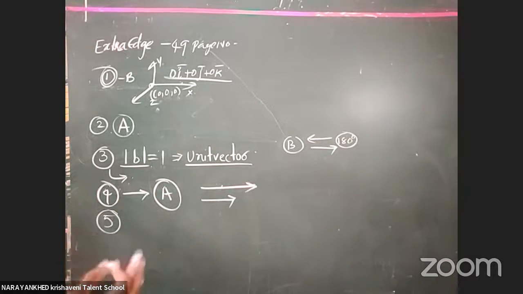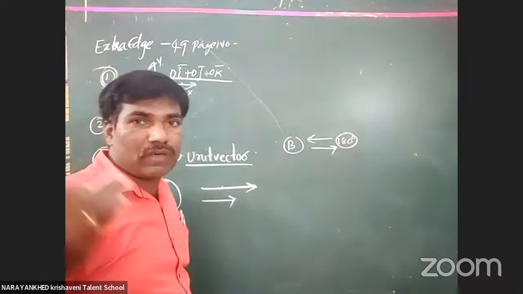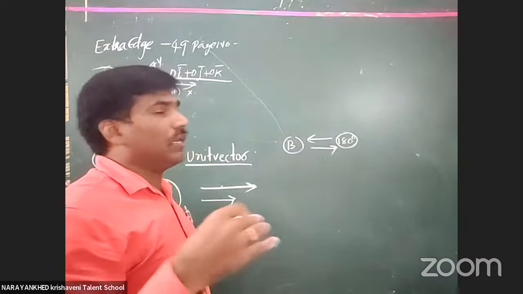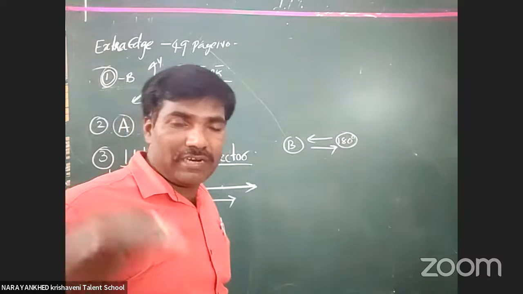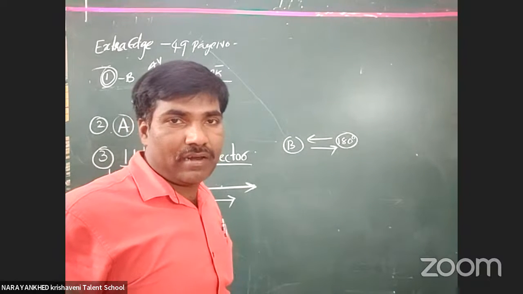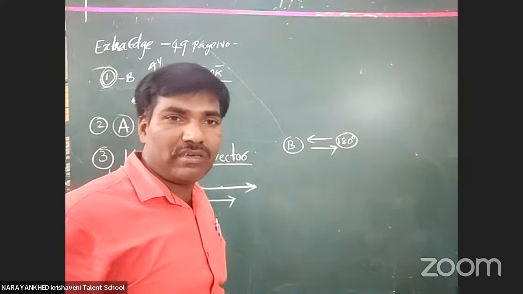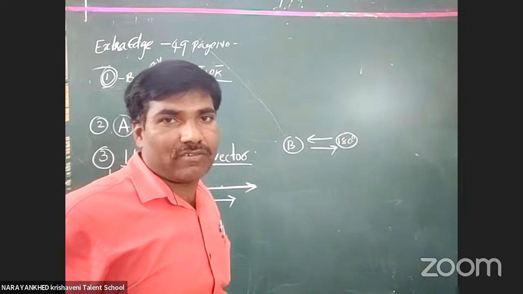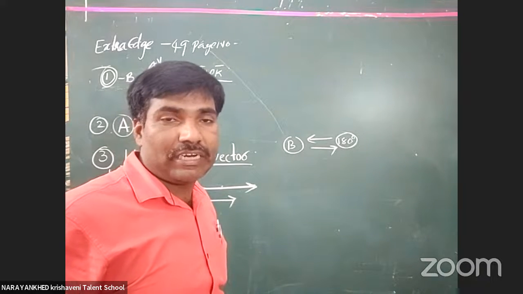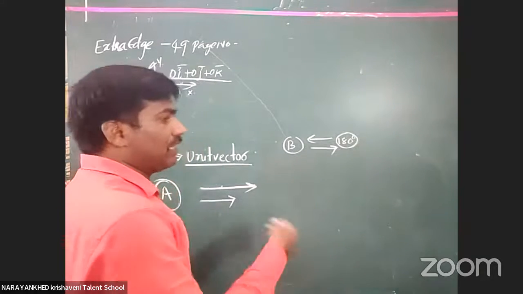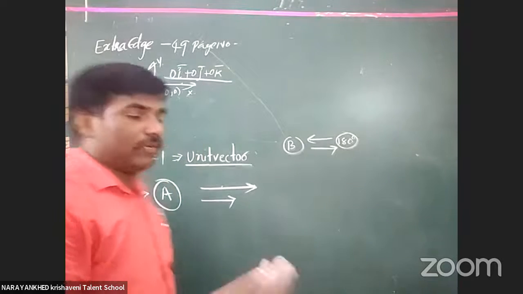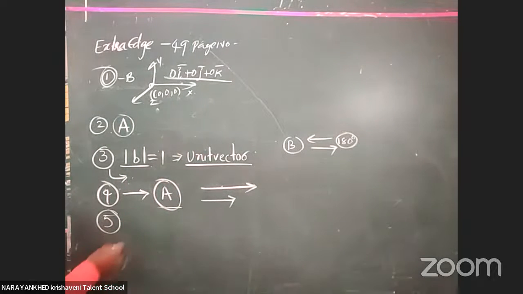And the last one, the two ships are in the same sea. Sea means what? It is totally a plane. They are not given any direction. If they are in the same sea, they are called coplanar vectors, not parallel vectors. They are treated as coplanar vectors in case they are on the same sea surface. That is why the answer is A1.